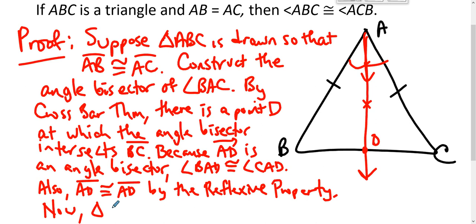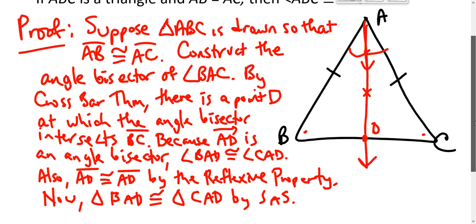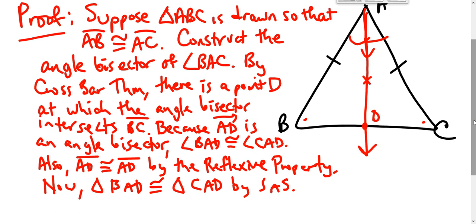Now, triangle BAD is congruent to triangle, let's get the order right, CAD by side angle side. Then the question becomes, how do we close out the argument? How do we decide that this angle is congruent to that one? We say that that follows by correspondence.